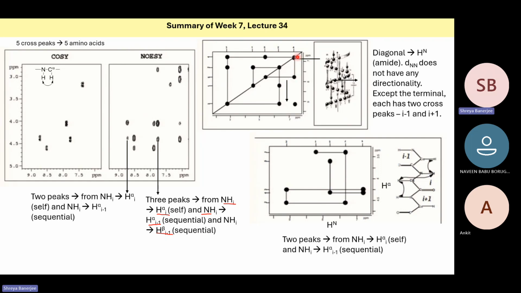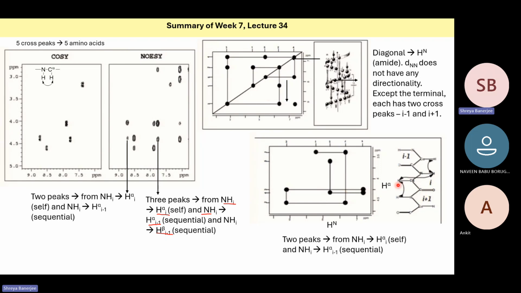Now, if you go in the vertical direction, it will be the self peak. From the self peak, again, you go to different sequential peaks. So like that, you can connect the different peaks of the NOESY spectra from self peak to sequential peak to get the order of amino acids in the polypeptide. Similarly, this is the case of alpha helix.